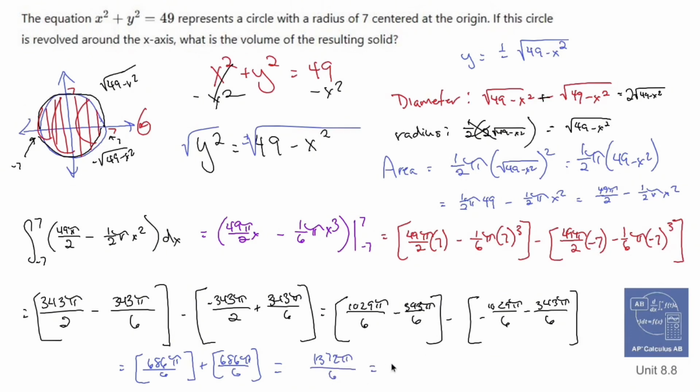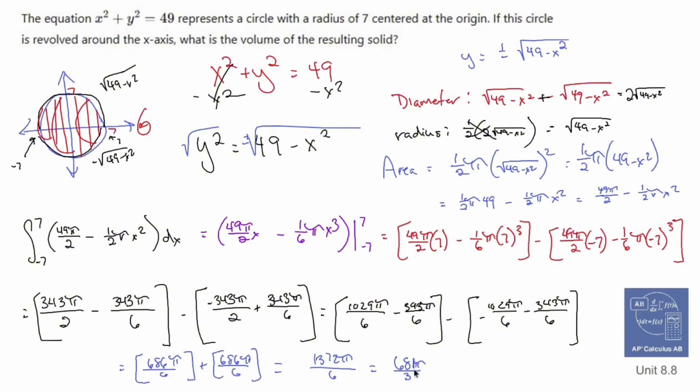Both of those are divisible by 2, so 681 over 3 pi. Both of those are divisible by 3. I hope I'm doing the math right.